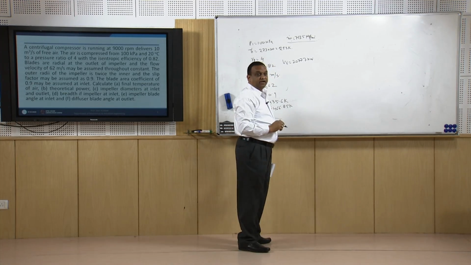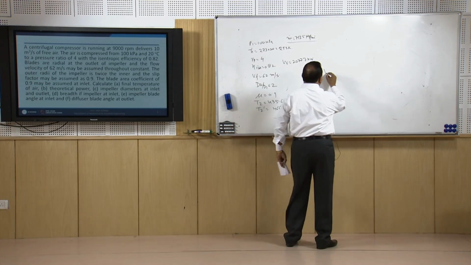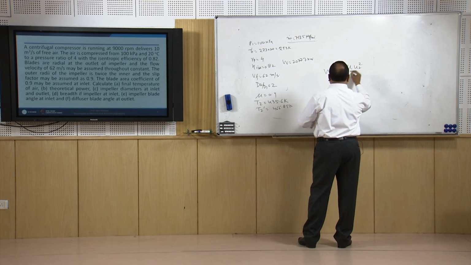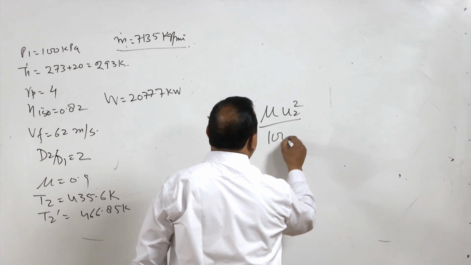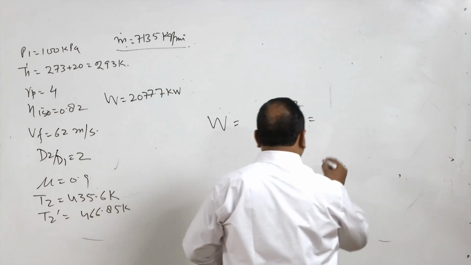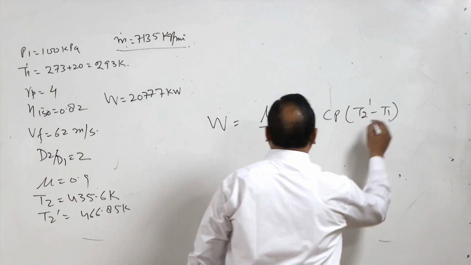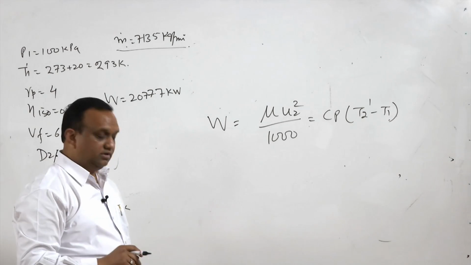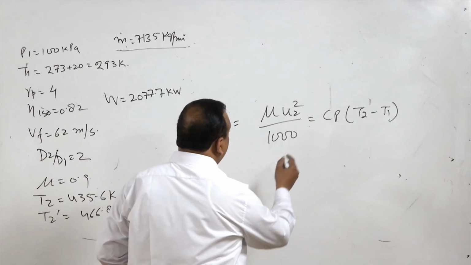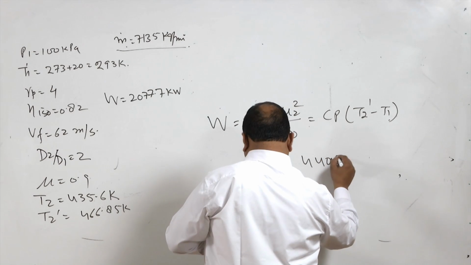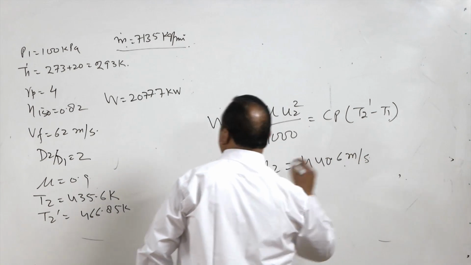When the blades are radial, W is mu U2 square divided by 1000, equal to Cp (T2 dash minus T1), that is for per kg of air. That gives the value of U2 as 440.6 meters per second.